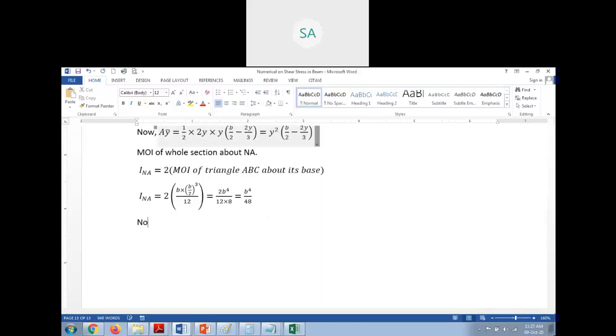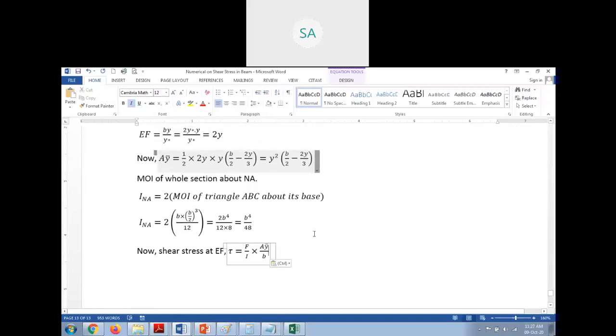Now shear stress at EF, tau is equal to F by I AY bar by B. Now what is AY bar? AY bar is this value, y square b by 2 minus 2y by 3. So I am just substituting that value there. What is b? B is 2y.